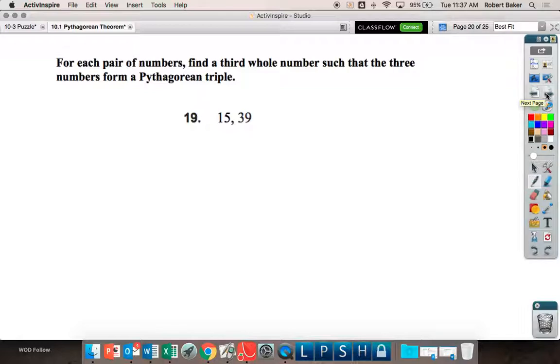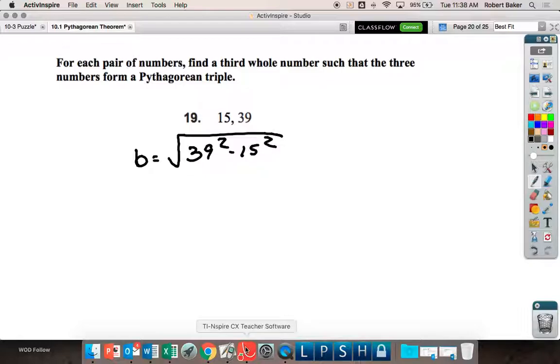What do you think? 36? It is 36, because it's just like the 5, 12, 13 multiplied by 2, or multiplied by 3. Okay, so you're saying the answer is 36? So this should work, because we're missing a leg, right?